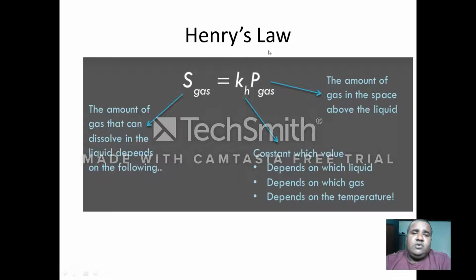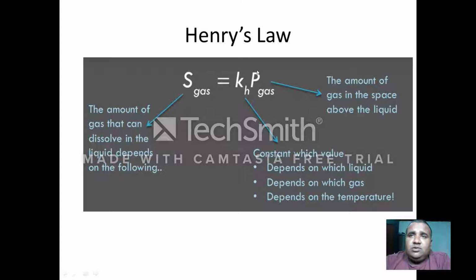For example, there is a beaker in which some water is there, and we fill it with CO2 at normal pressure, and in another beaker we have the same amount of water, and if we increase the pressure of CO2, then the solubility of CO2 in the second beaker will be high because we have increased the pressure. So the solubility of gases is directly proportional to the pressure of the gases.